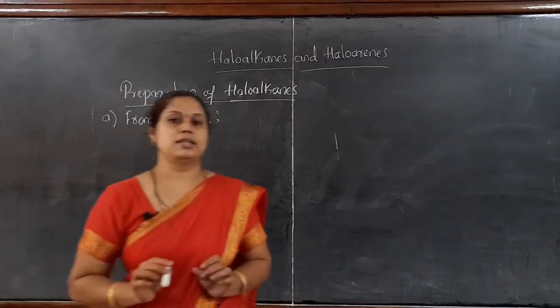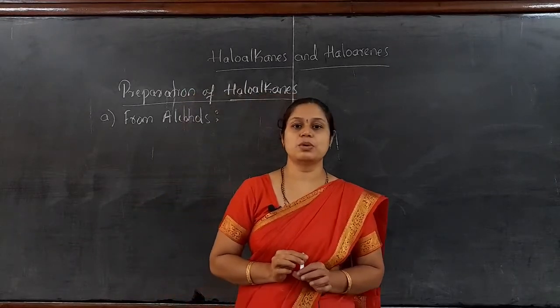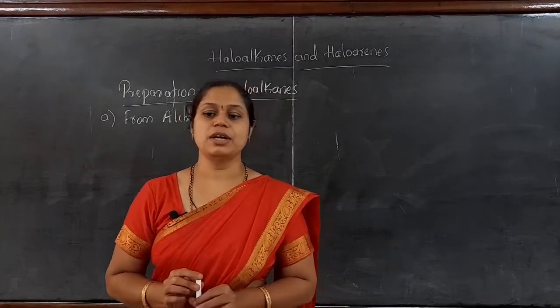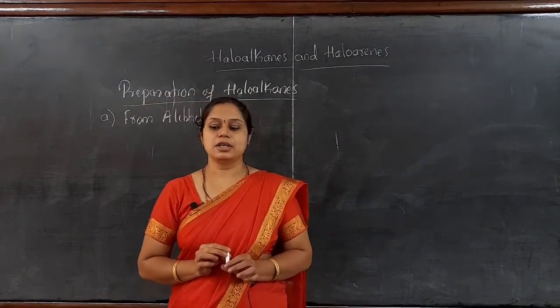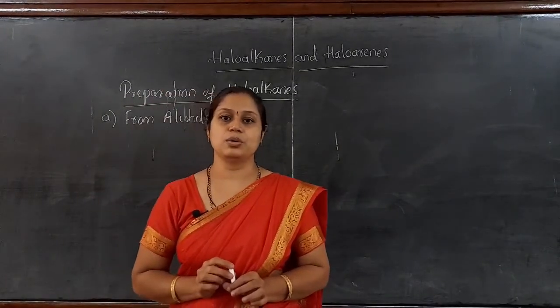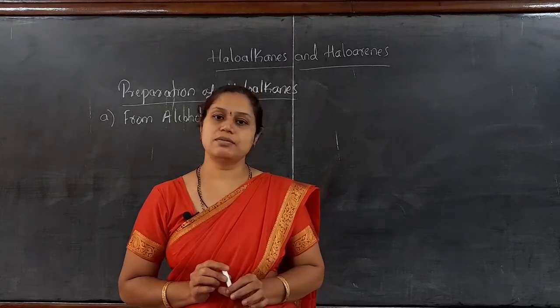This method of preparation of haloalkanes from alcohols is the most widely used method in the laboratory. Alcohols are a class of compounds having the general formula ROH, where R is the alkyl group and OH is the functional group.